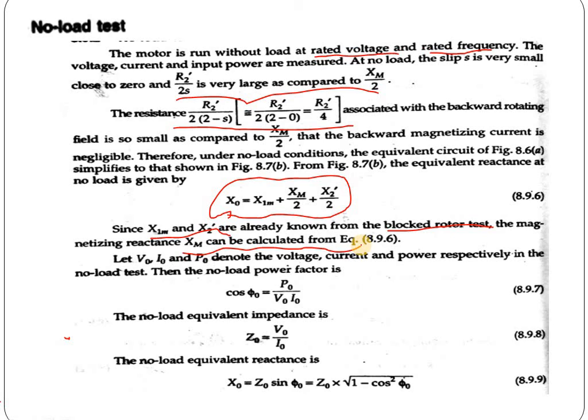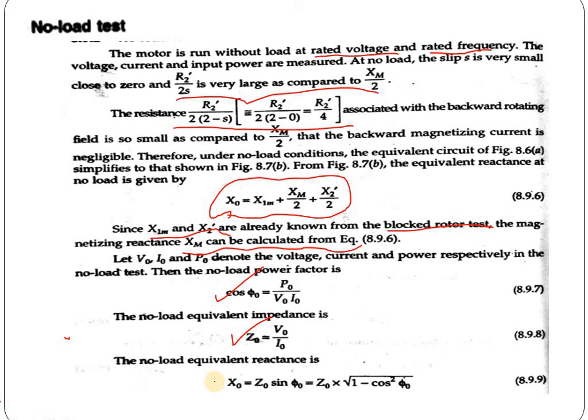Now let V0, I0 and P0 denote the no load voltage, no load current and no load power we have measured by using voltmeter, ammeter and wattmeter respectively. From here we can calculate the power factor cos phi 0 at no load condition, that is P0 divided by V0 I0. Then we can calculate the no load equivalent impedance Z0, which is V0 by I0.